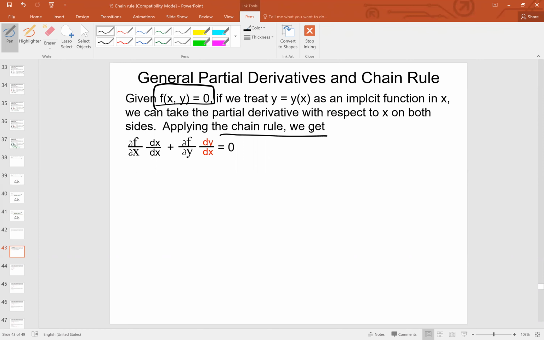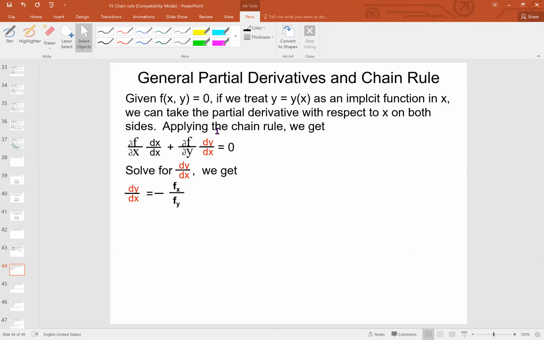So if we do it that way, and treat y as a function of x, then I get this equation, dx dx of course is 1, and this is the term I want, so I can solve for dy dx and wind up with these equations. In other words, dy dx is the negative of partial x divided by partial y.